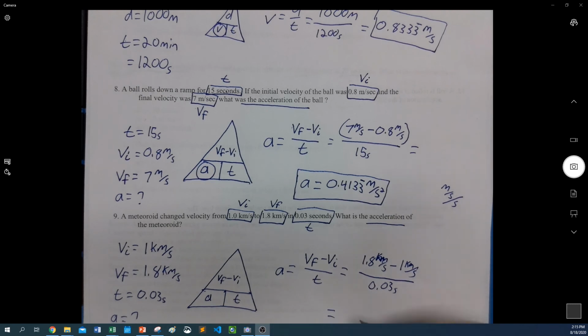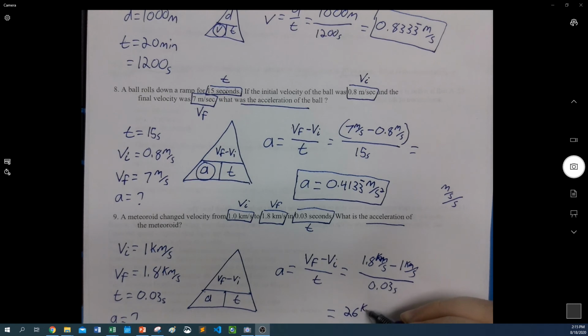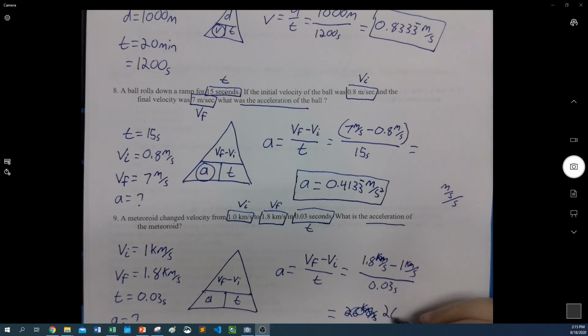Plugging that into the calculator, we get 26.6 repeating kilometers per second.